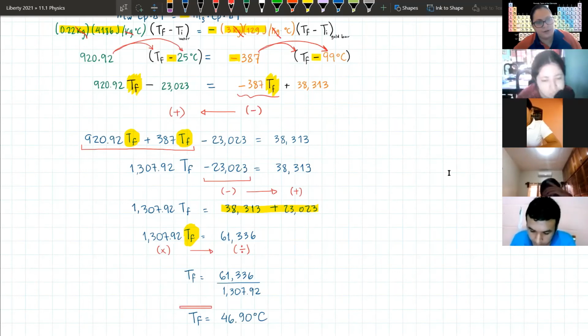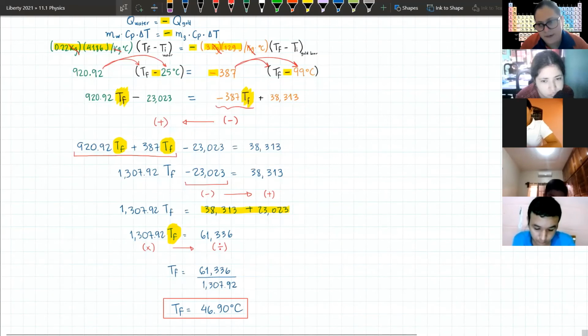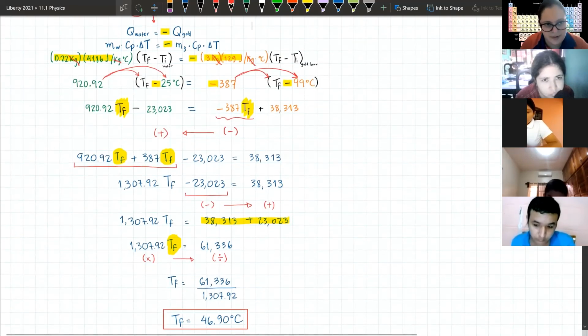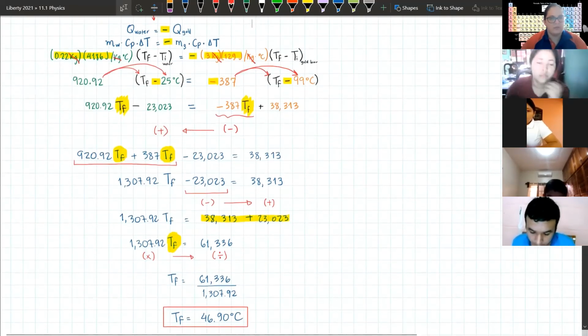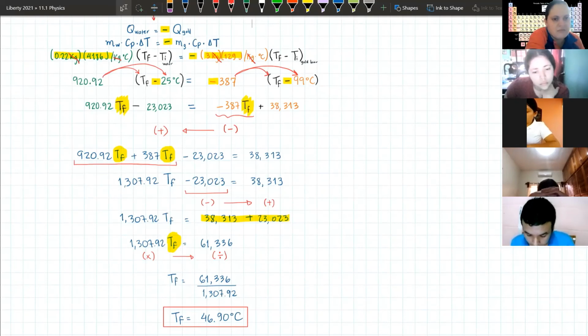Now, this procedure looks a little long, but remember, I'm explaining the procedure step by step, and that's why it takes long. But in the end, I think you can do this exercise in 15 minutes.